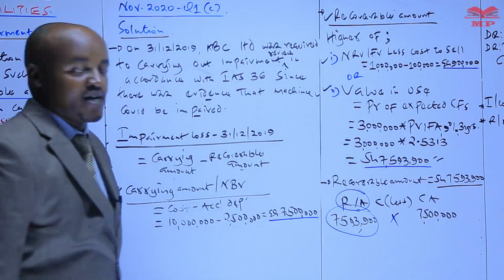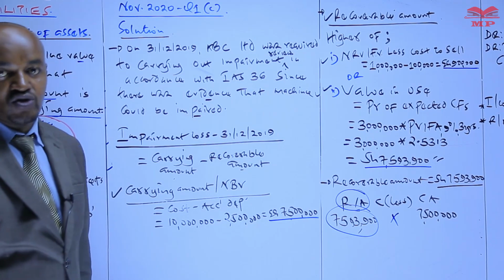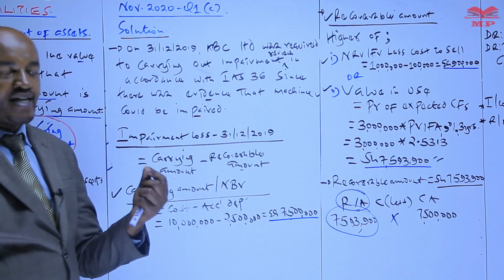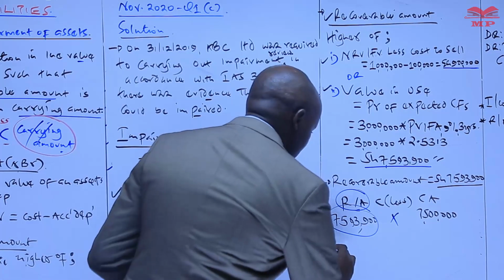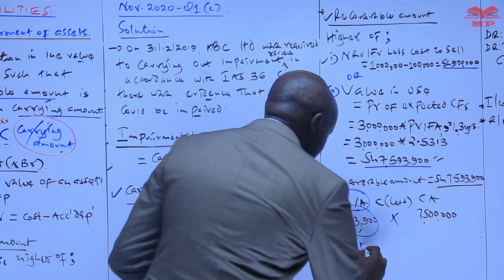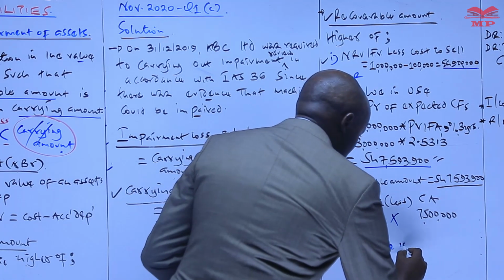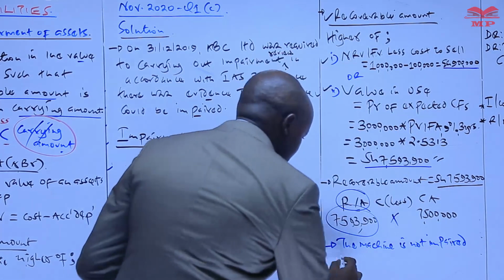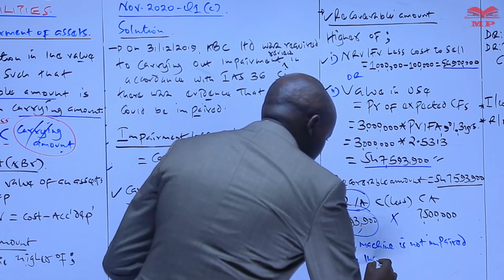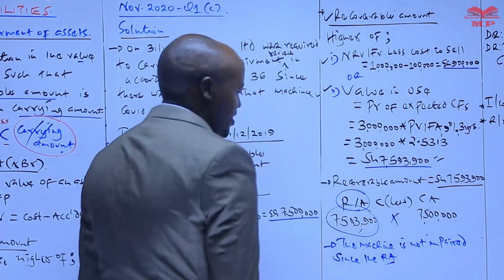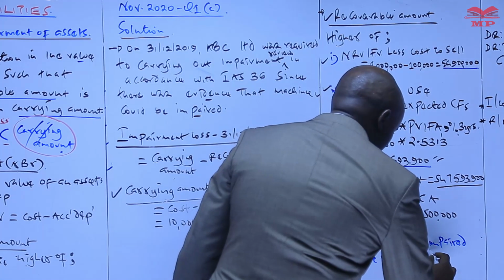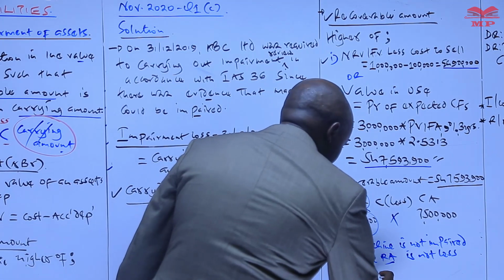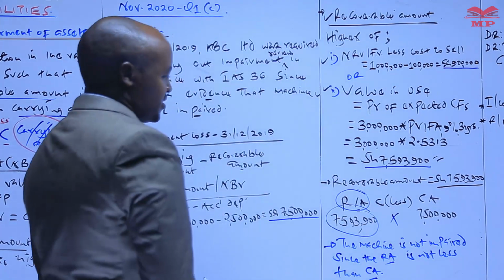Which conclusion then do we make? The conclusion here is that this machine is not impaired. Why? Simply because the recoverable amount is not less than carrying amount. So therefore, that is the answer here. We say that the machine is not impaired, since the recoverable amount, that is RA, is not less than carrying amount, that is CA.